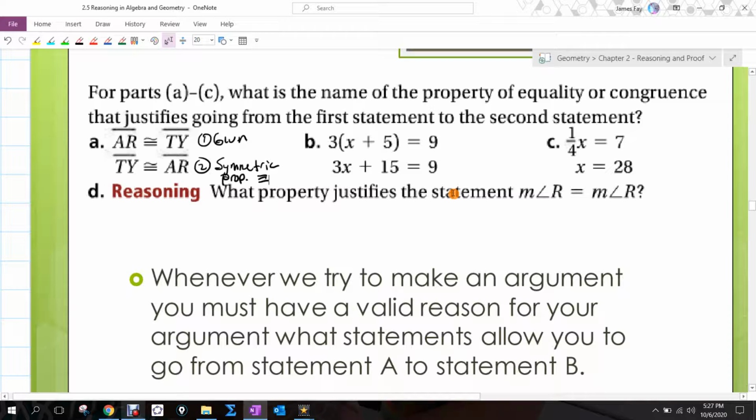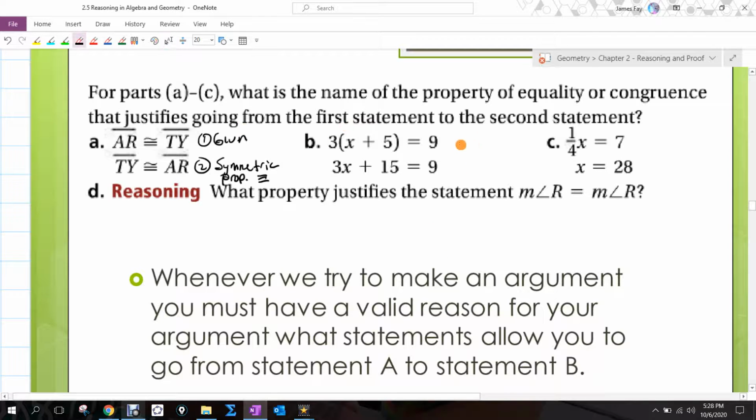You can pay attention to details. So they'll try to catch you off guard by putting symmetric property of equality as option A, because somebody will see symmetric right away and say, oh, that's symmetric property, and choose A, but because it says equality, it would be wrong. Option B, C, or D would be the correct one. It says symmetric property of congruence. Just be on the lookout for that.